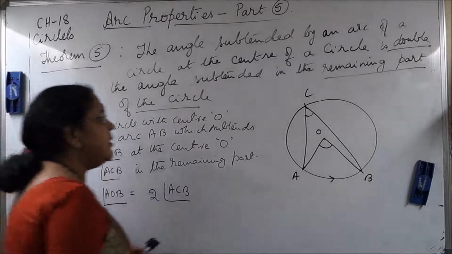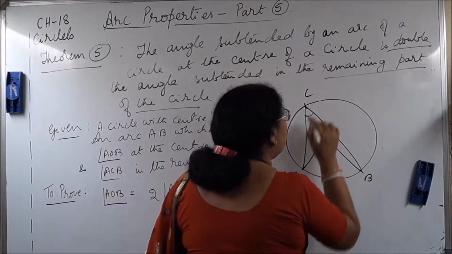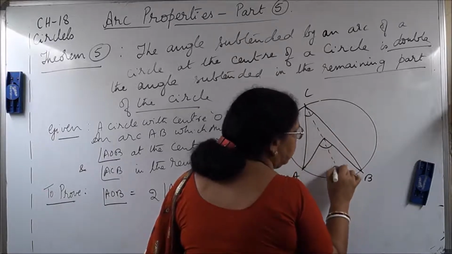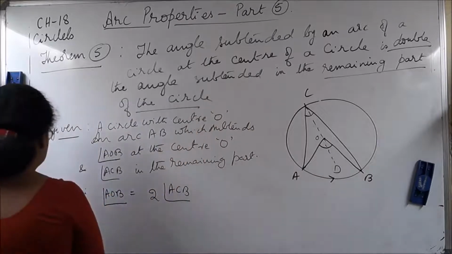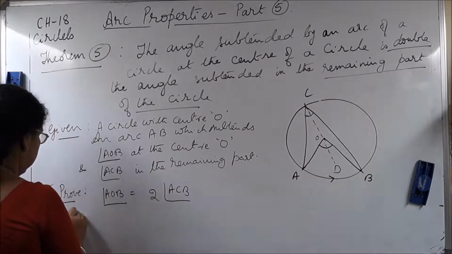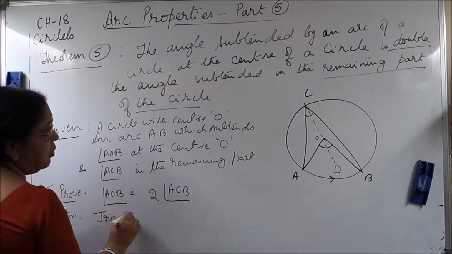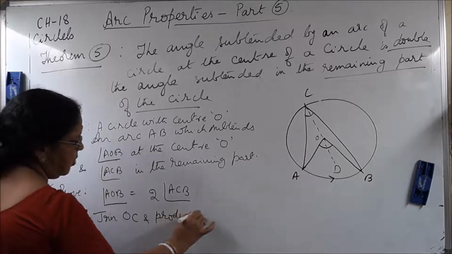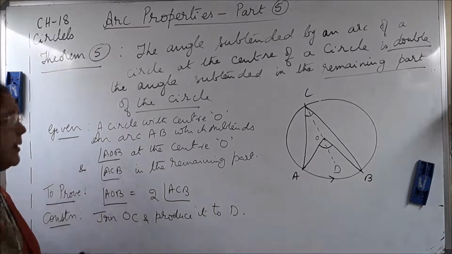Now for that we need a small construction, that is join OC and produce it up to D. Okay. So construction: join OC and produce it to D. Right?